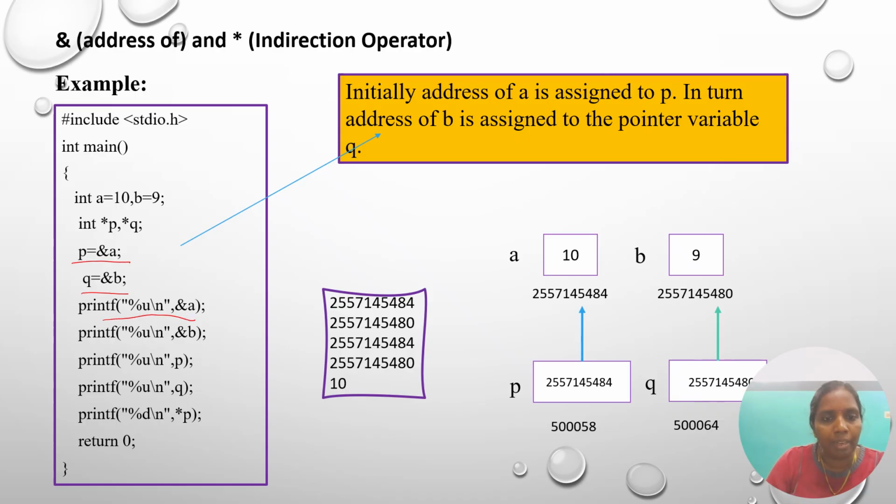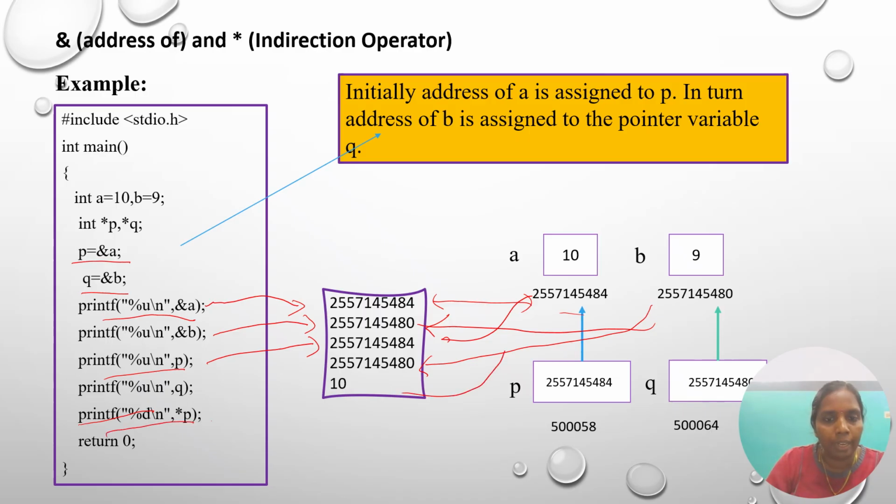So in this, &A will hold the memory location pointed by A, and &B will point to the memory location pointed by B. And again in this statement printf %u P, P will hold the address of A itself and Q will hold the address of B. So in this case, printf *P. *P points to the value A. So in this case, we are seeing how internally the pointers are used in storing the values in the memory location.